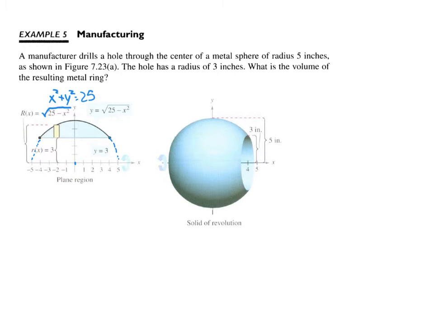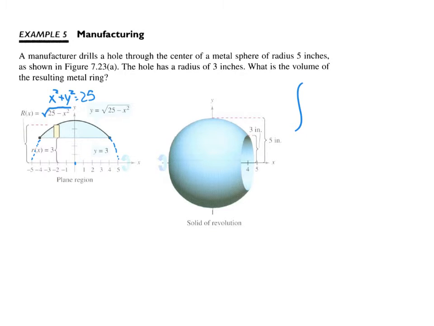They don't expect you to be able to do all the conics, but definitely circles you should be able to handle. So you've got that as your outer shell. The inner function is what? Yeah, y equals 3. So we're doing the area between those two.